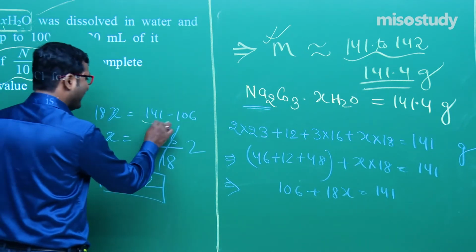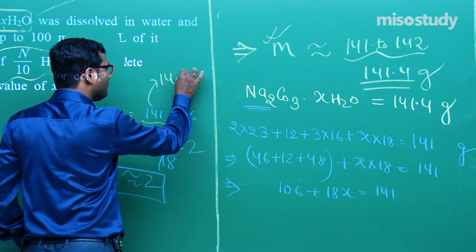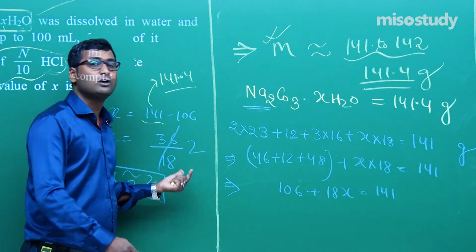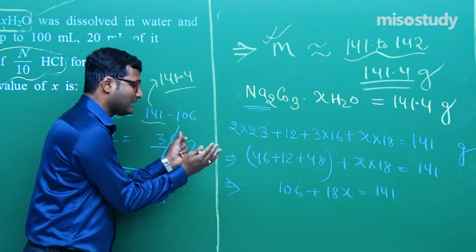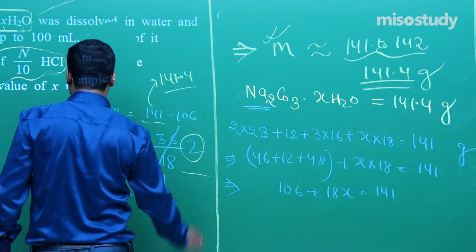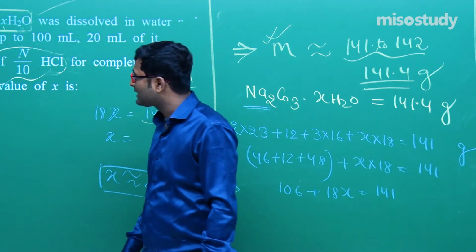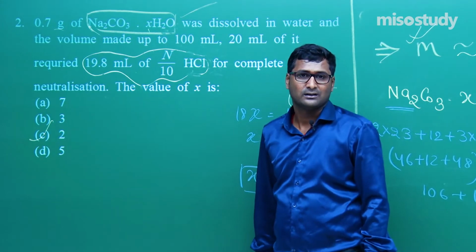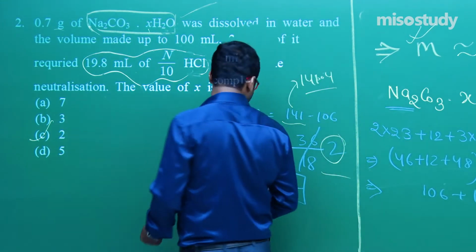Clear to you? The value is around 141.4, so don't tell me, sir, 141 minus 106 is equal to 35. I have just taken the nearest value, around 36. So x is equal to 2. Now find out the correct option. Sir, it is very simple. C is the correct option. Clear? For this question, C is the correct option.